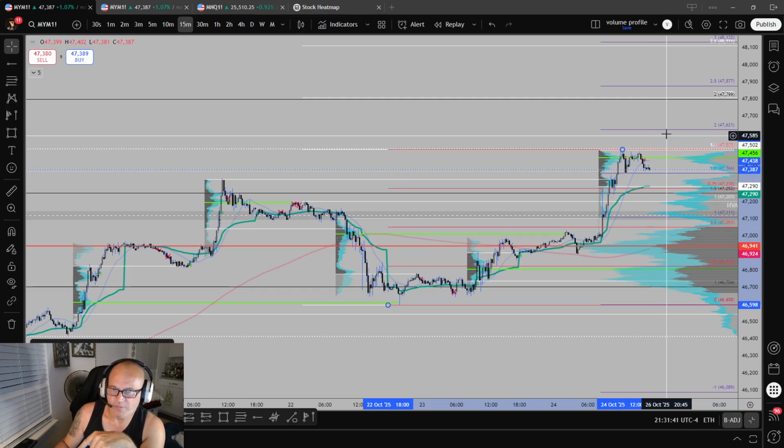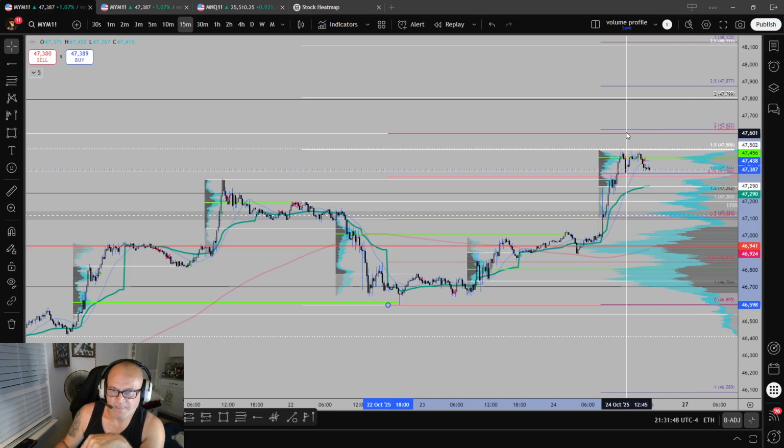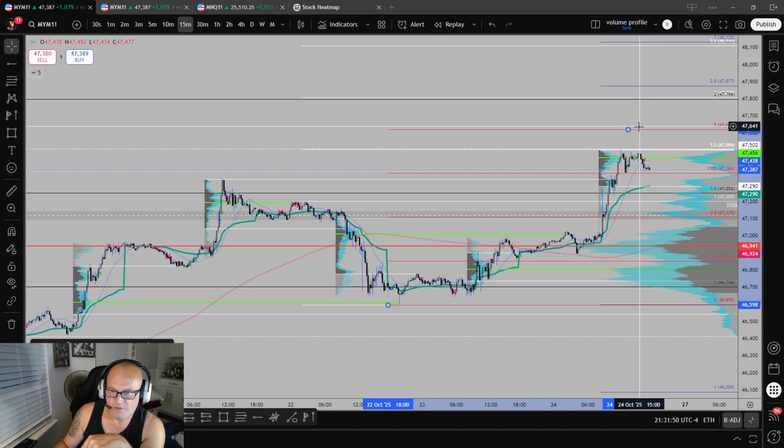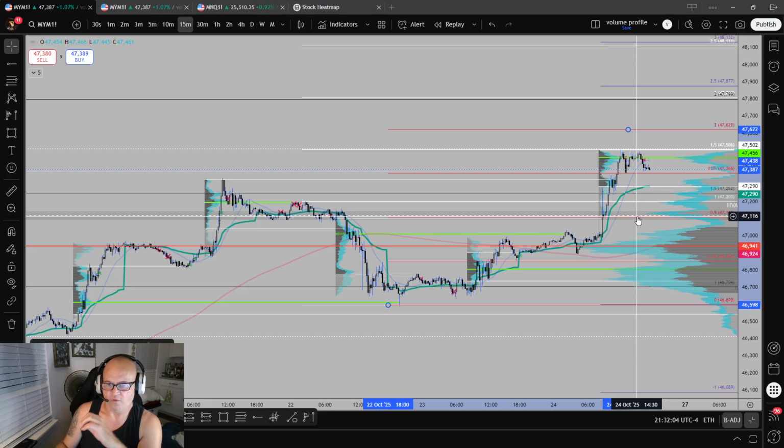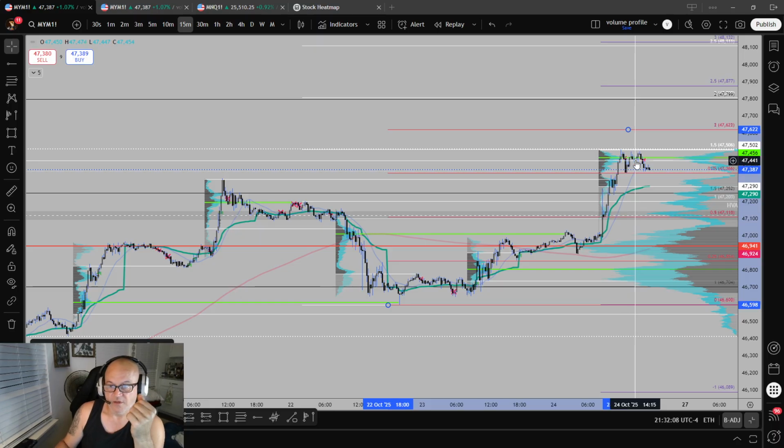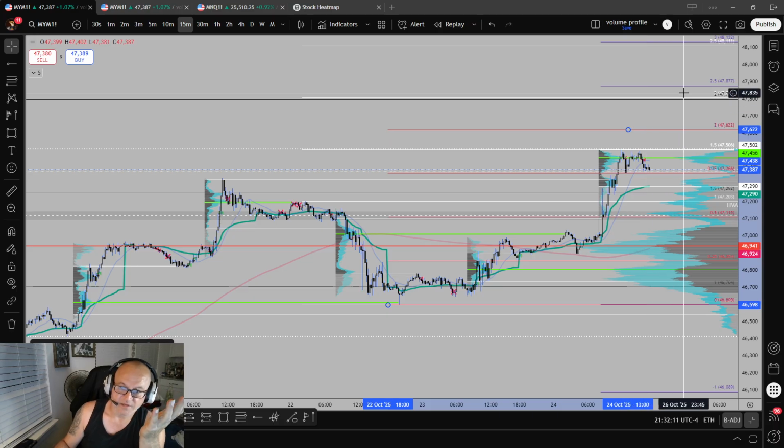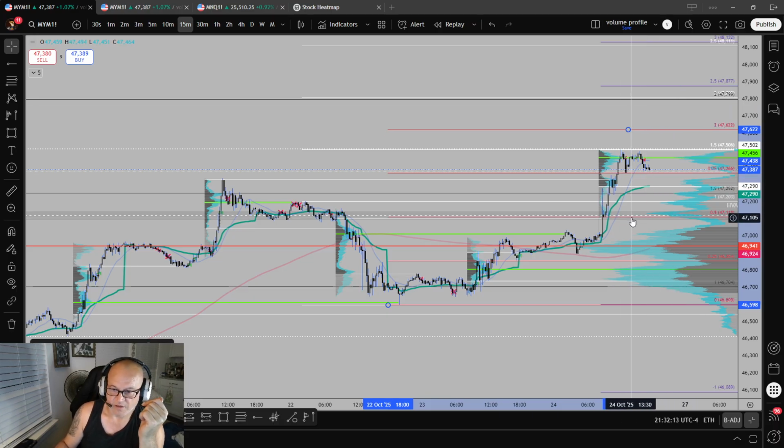We hold there, we push up to 47,621, the 2 standard deviations, which then pushes us back down to the 50%, back into discount pricing at that high volume area that we are looking for that has all of our other confluences to then go long. Or we come down and hit that first and then go up, changing our dealing range.